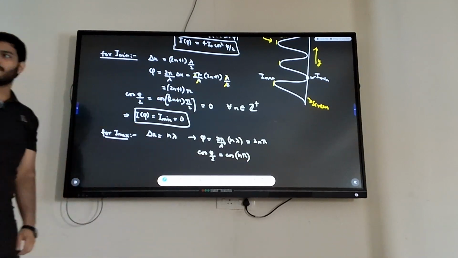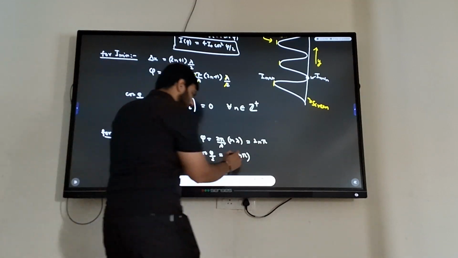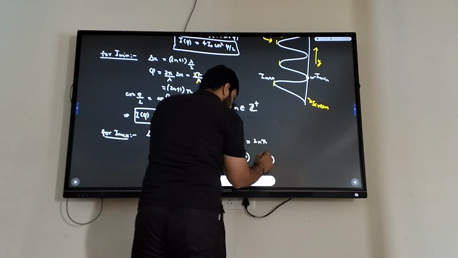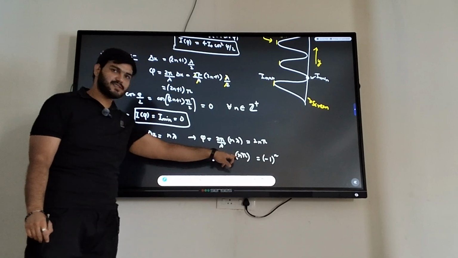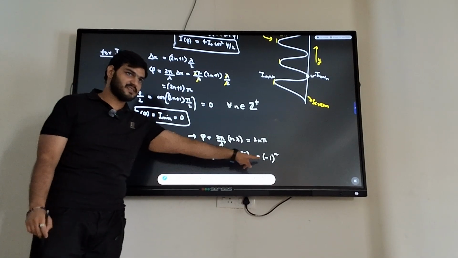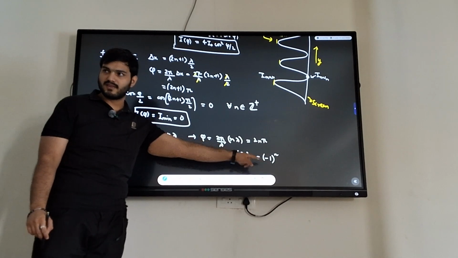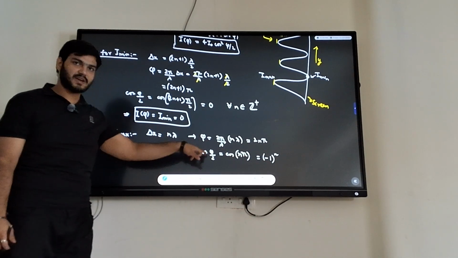What is cos of n pi? Do you know the general equation? Cos of n pi is equal to minus 1 to the power n. Why? Because if n is odd, the answer will be minus 1. If n is even, the answer is plus 1. Yes or no? So cos n pi is minus 1 power n. Then what is cos square?